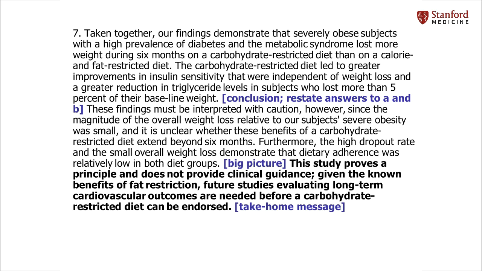This study proves a principle and does not provide clinical guidance. Given the known benefits of fat restriction, future studies evaluating long-term cardiovascular outcomes are needed before a carb-restricted diet can be endorsed. They don't want to overstate their findings. They're saying there's still some questions to be answered, and we don't want to translate our findings yet into an actual clinical recommendation. So they ended here with a restatement of their main findings, but then kind of a big picture caution.